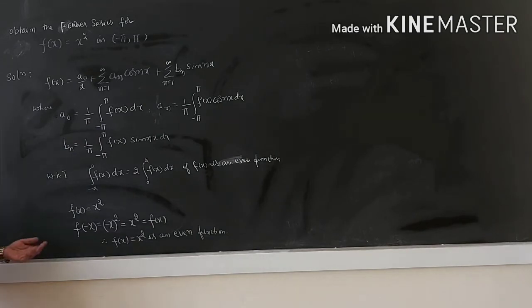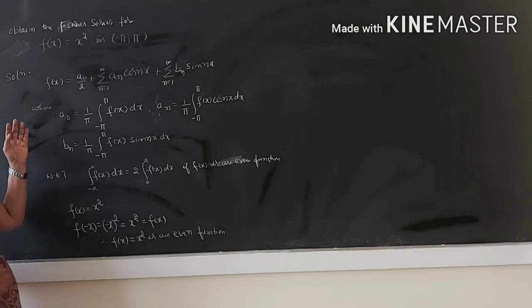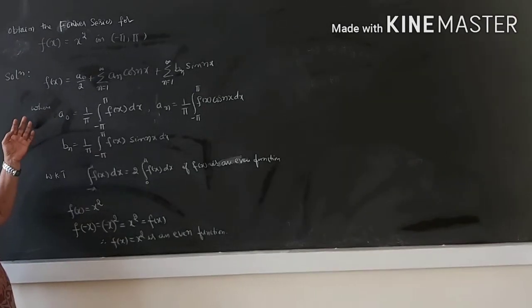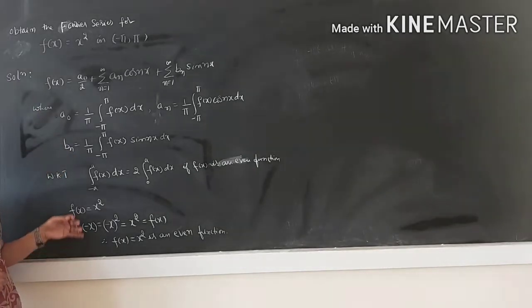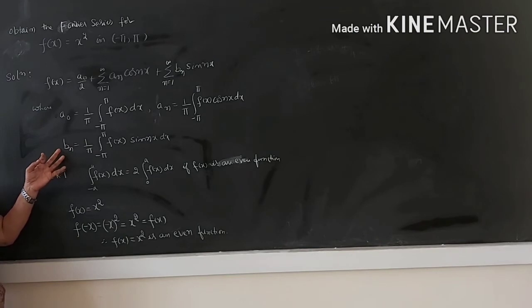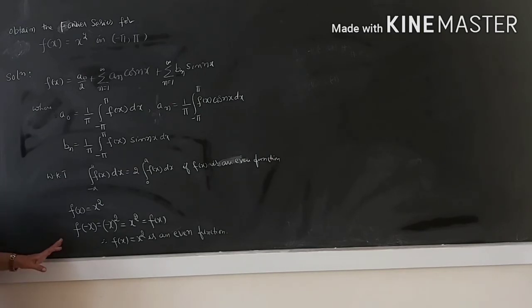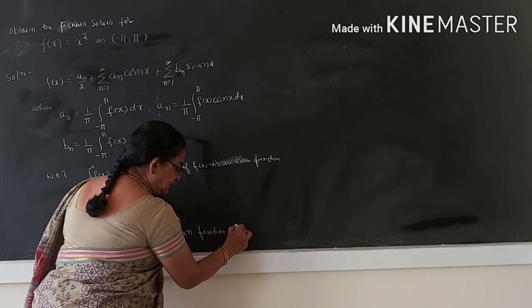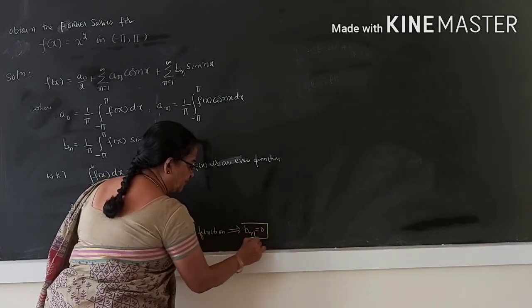Is it okay? While discussing the Fourier series, we said that if it is an even function, bn is going to be 0 and we only need to calculate a0 and an. Therefore, if it is an even function, this indicates that bn is equal to 0.